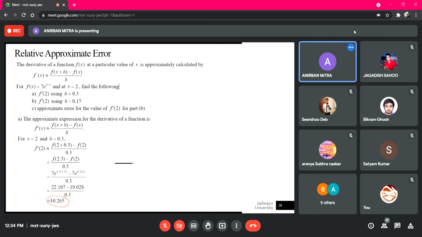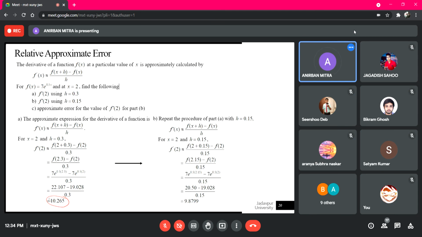The next is part B, where we repeat the procedure. Whatever we have done over here, exactly that is done again. But the only thing different is the value of h. Previously it was 0.3. Now we are considering it as 0.15. As a result, we have obtained a different value for f dash 2.